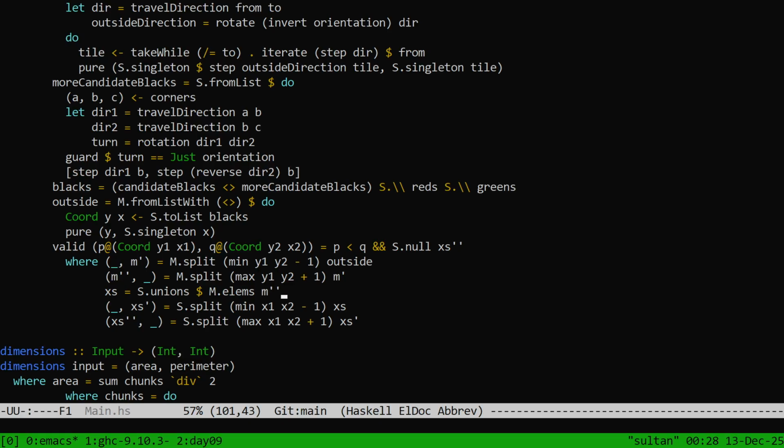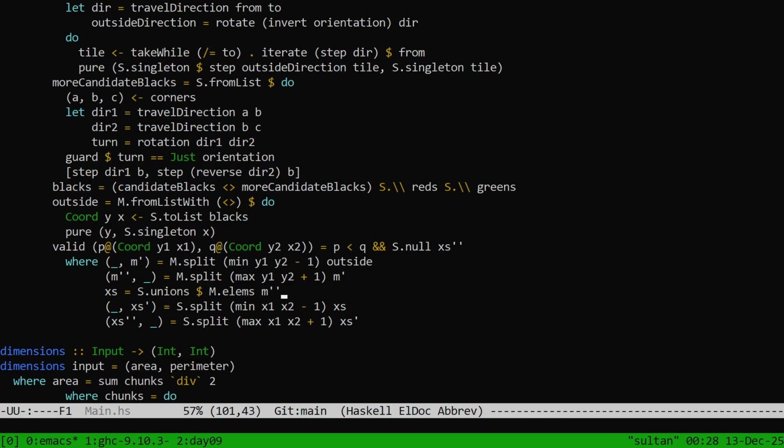Unions of maps. I mean, this could be expensive, I guess. But it shouldn't be, because, well, maybe it is. The set, because unions can be large, can be expensive, right?